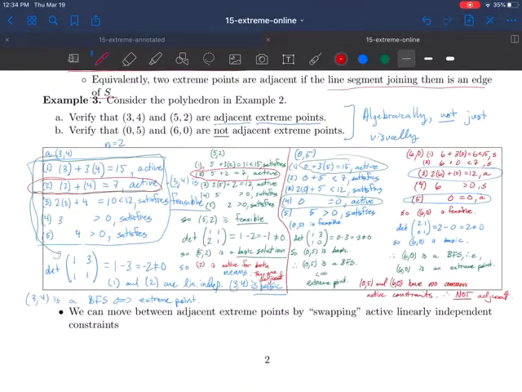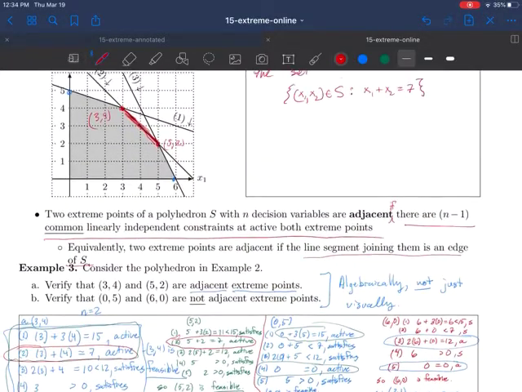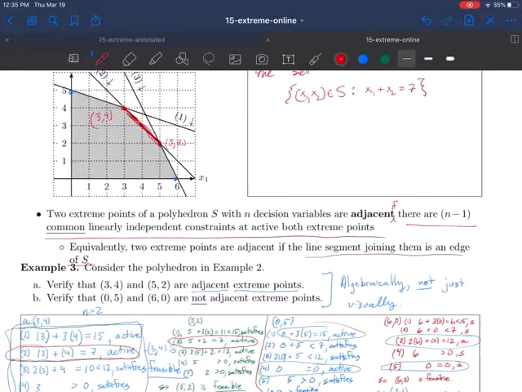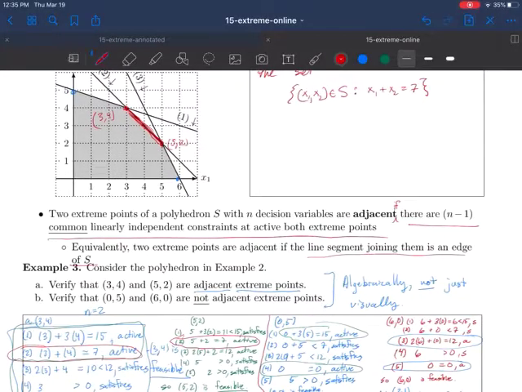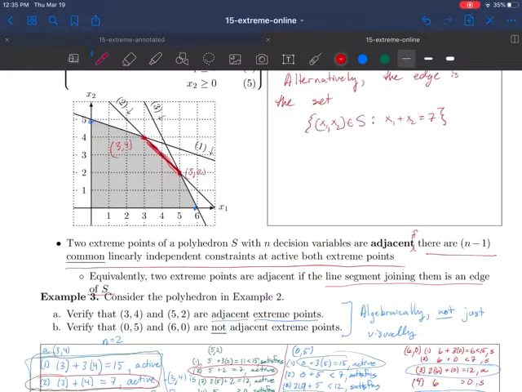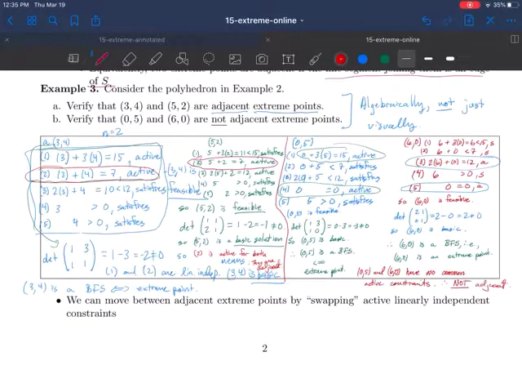And again, before you go on, and for the purpose of checking the lesson test, what I'm going to ask you to do is to check whether the points (0, 0) and (3, 4) are adjacent.